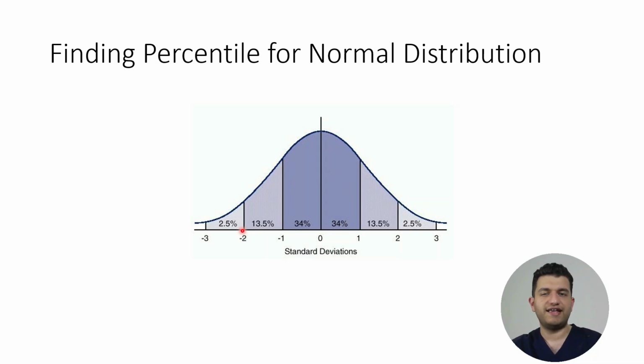So between 20 and 80, you have how much? 13.5 plus 34 plus 34 plus 13.5, that's 95%. So 95% of the responses are within 50 plus minus 30. Because again, it's 2 units of the standard deviation, and the standard deviation is 15 in our example.